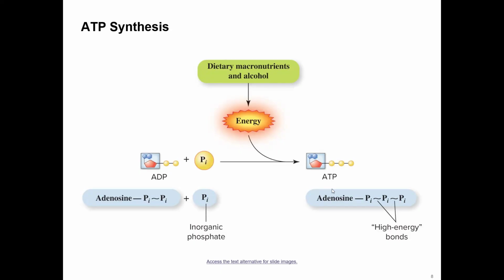A lot of times you study this in a general bio class, and you think of this as a rechargeable battery, right? So here's my battery that needs to be charged. Instead of just throwing that away, I use energy from another source to charge it back up, and that creates my high energy molecule ATP. This would be my fully charged battery here, ATP.